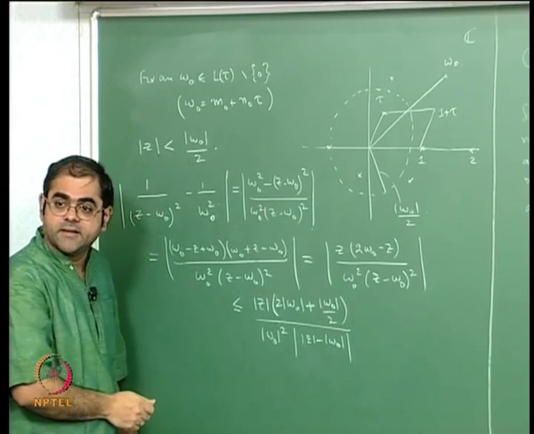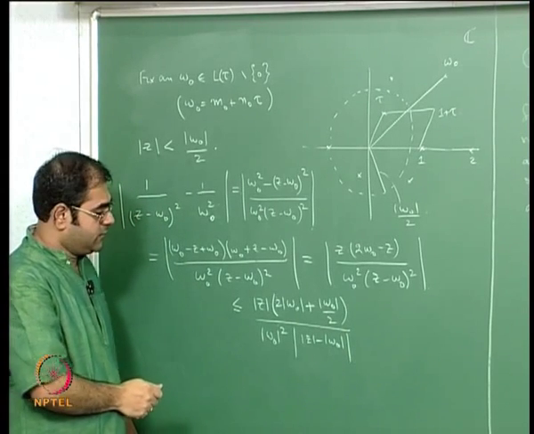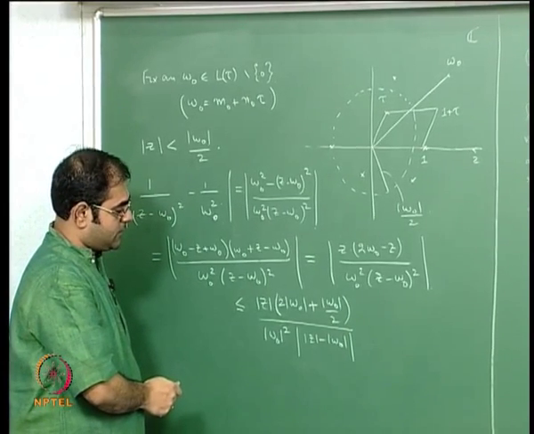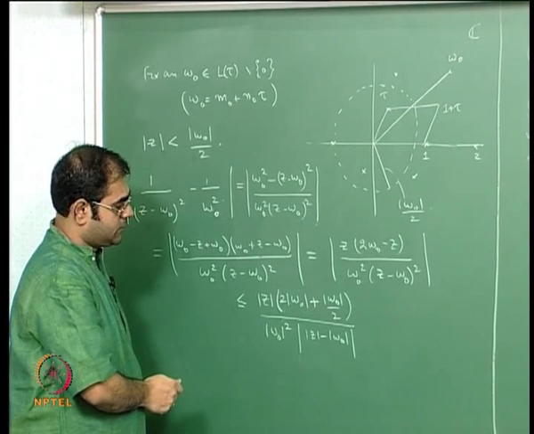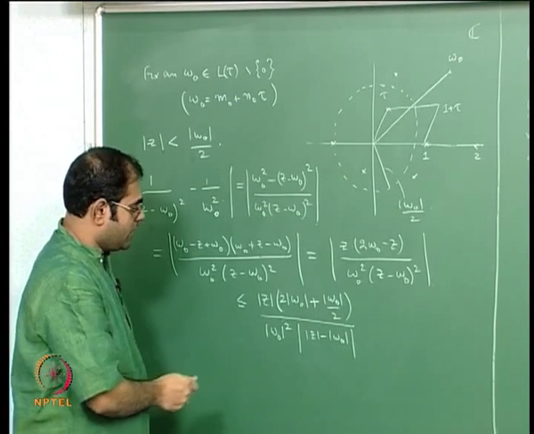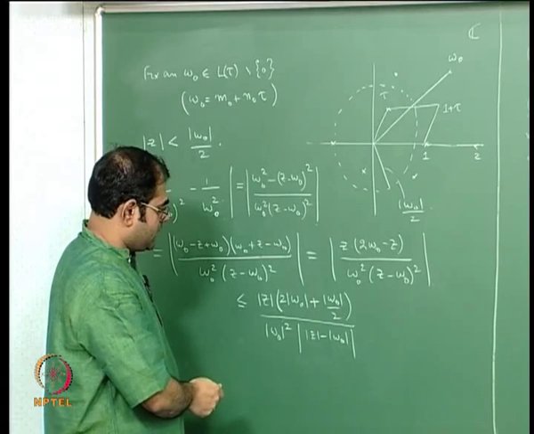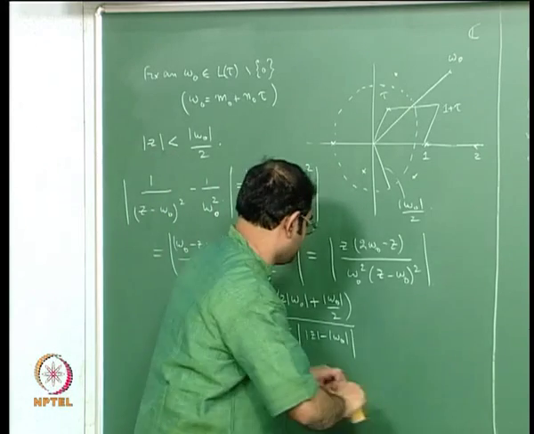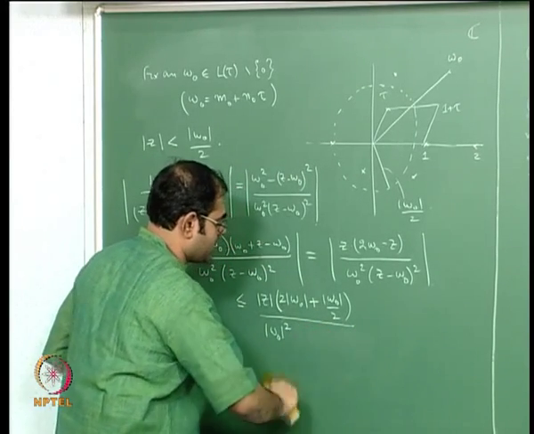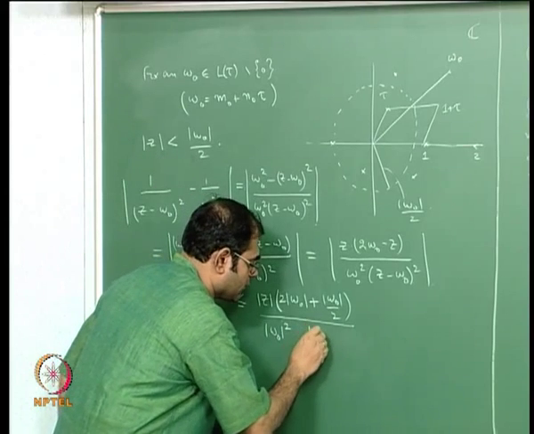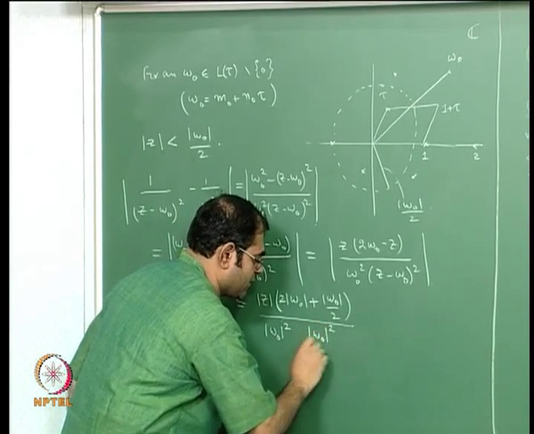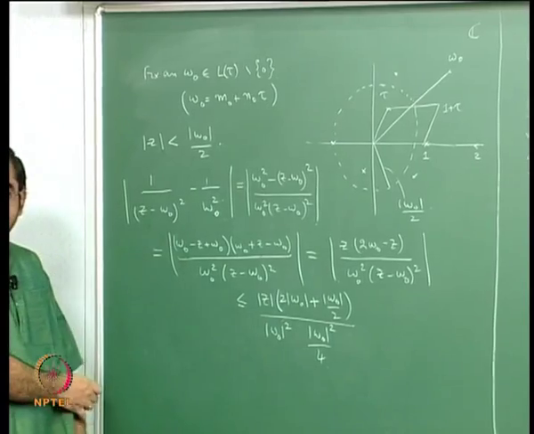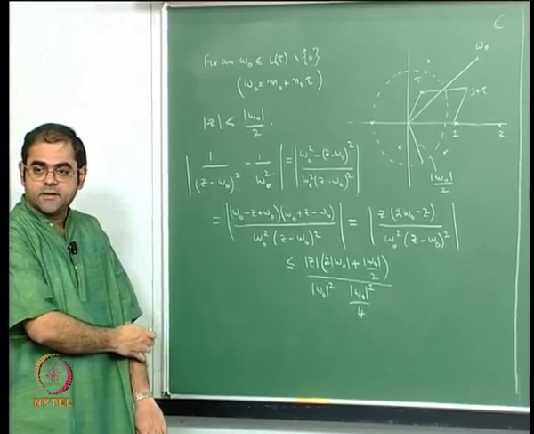This is what I will get. This can be replaced by mod omega naught squared by 4, again by using the triangle inequality.